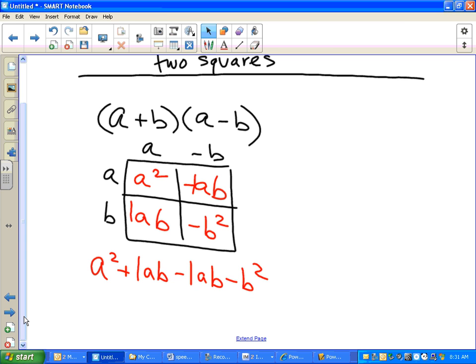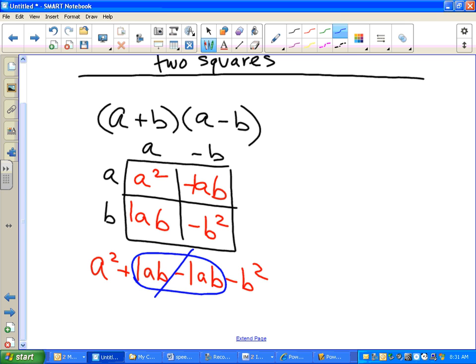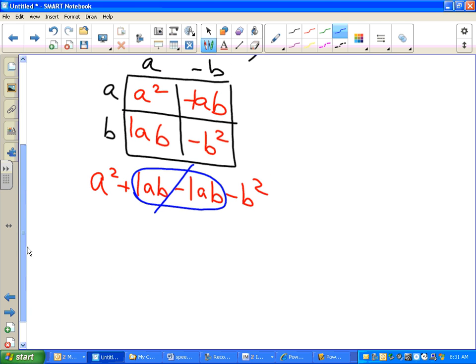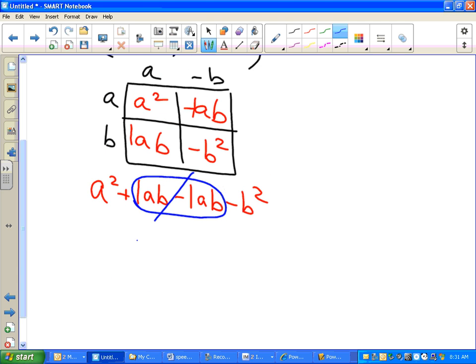Okay, so I want you to recognize why this is a special case: these two middle terms right here equal 0. So they cancel each other, make 0. They disappear. They're gone. So now my answer is a squared minus b squared.